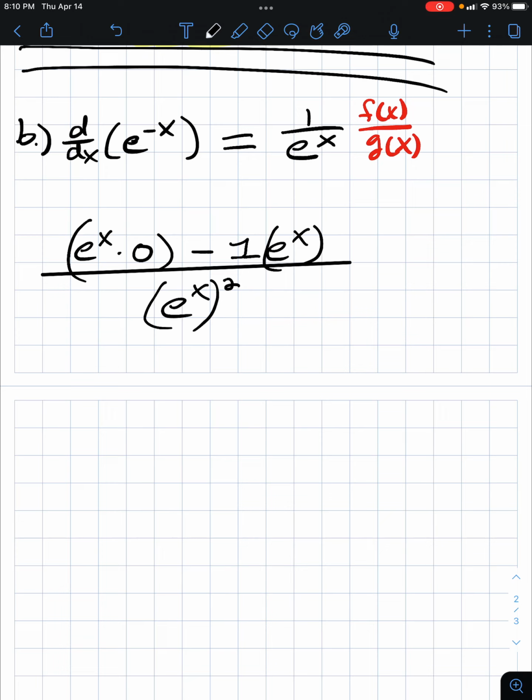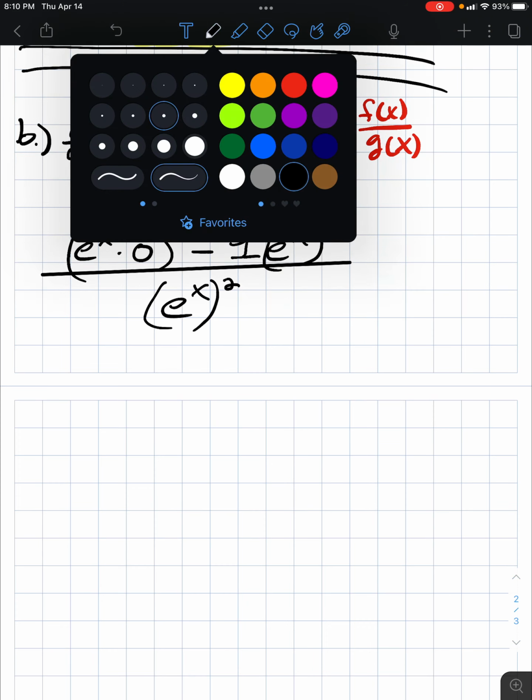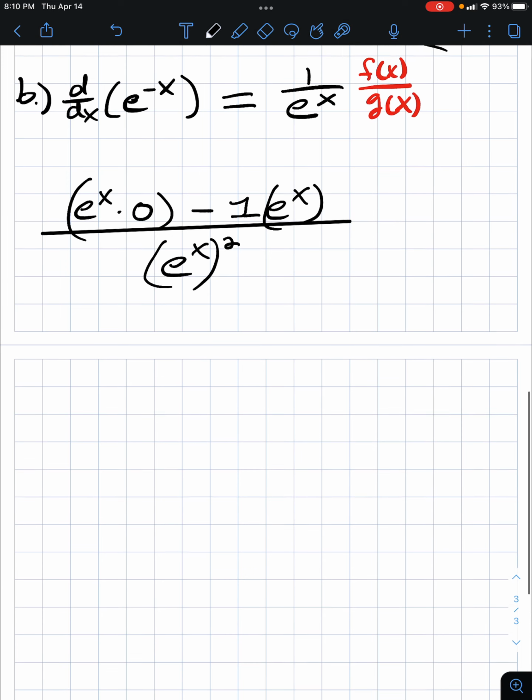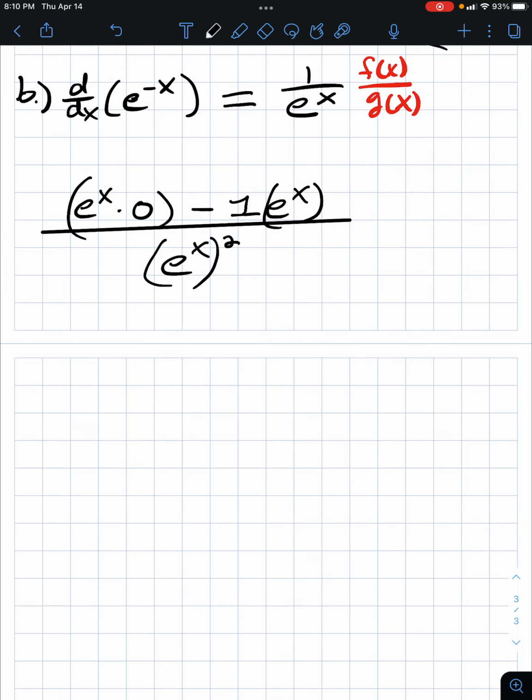So what do we get? e to the x times 0 is equal to 0, and then we get 1 times e to the x, but we have a minus, so we get negative. This is equal to negative e to the x divided by e to the x squared.